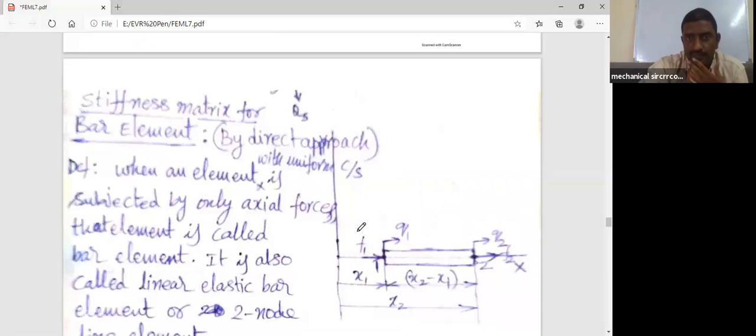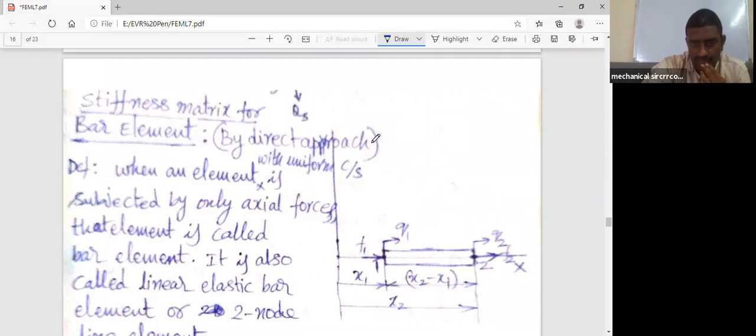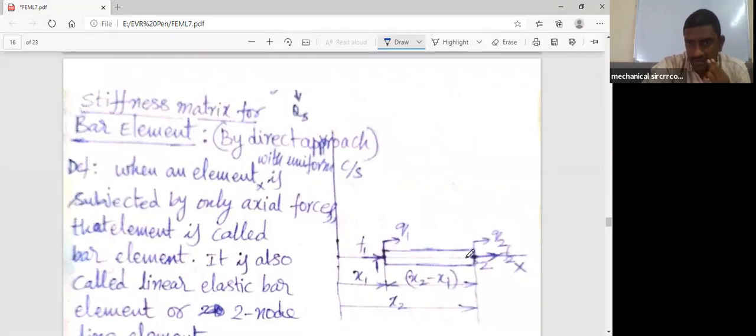Let us assume an element in the global coordinate system, with node 1 and node 2. It is subjected to point loads F1 at node 1 and F2 at node 2.